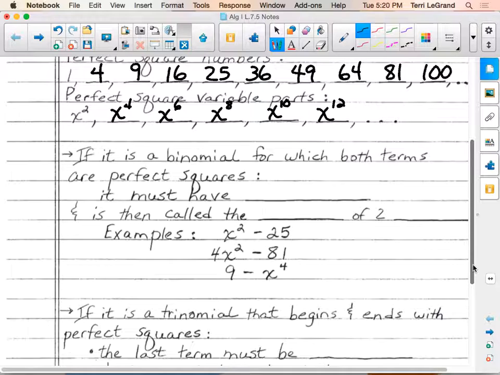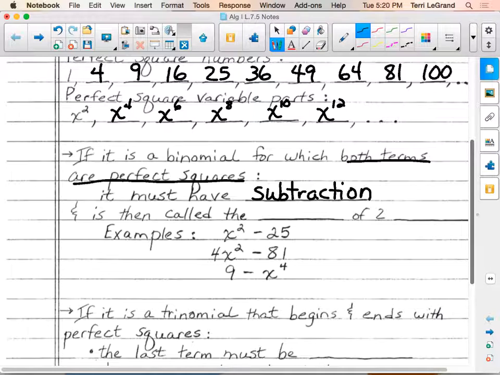Okay, now let's narrow it down to what if we're working with a binomial? What are we going to look for? First thing we're going to look for is whether both terms are perfect squares. If they are, then it must have subtraction between them. There is no such thing as addition between perfect squares to have a special product.